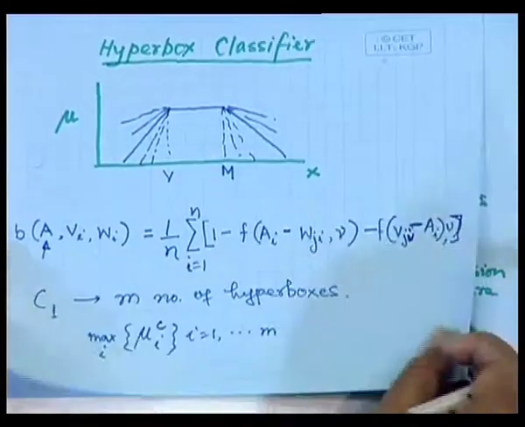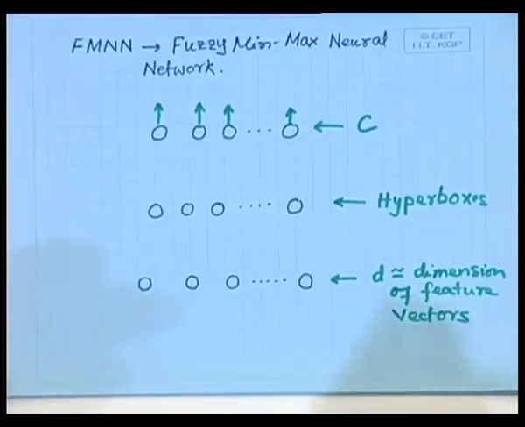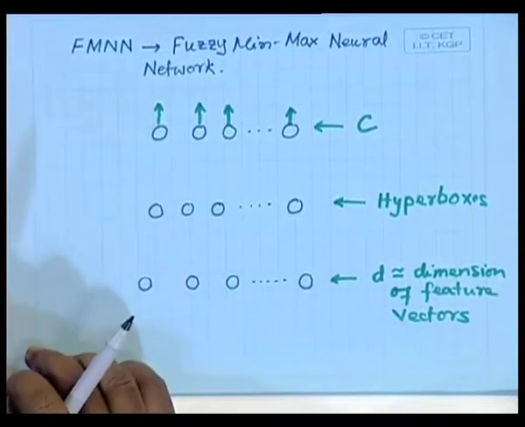Okay. So, if the hidden layer nodes have to compute this membership function, then every hyperbox, as I am saying that these hidden layer nodes represent the hyperboxes, has to know the corresponding min point and max point. Okay. So, the min point and max point are represented in the form of connections. Okay.